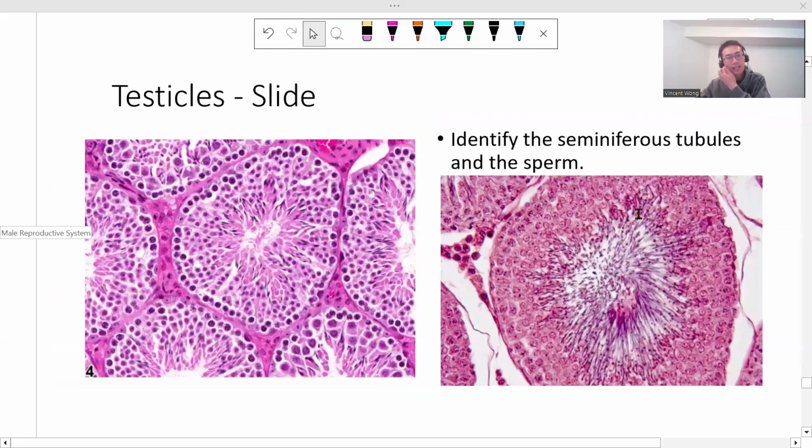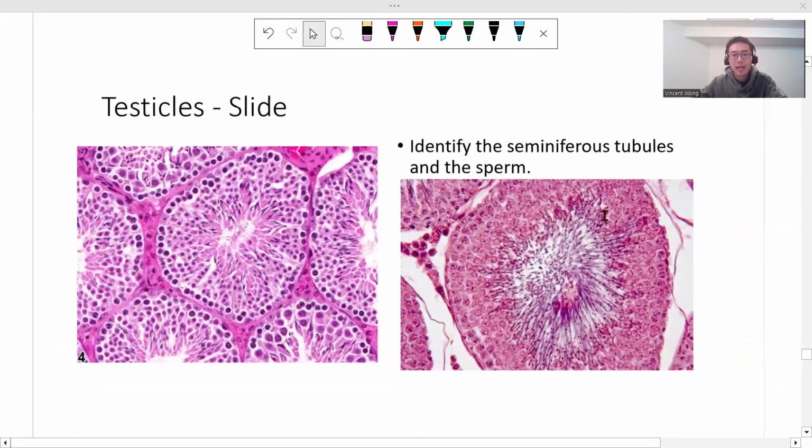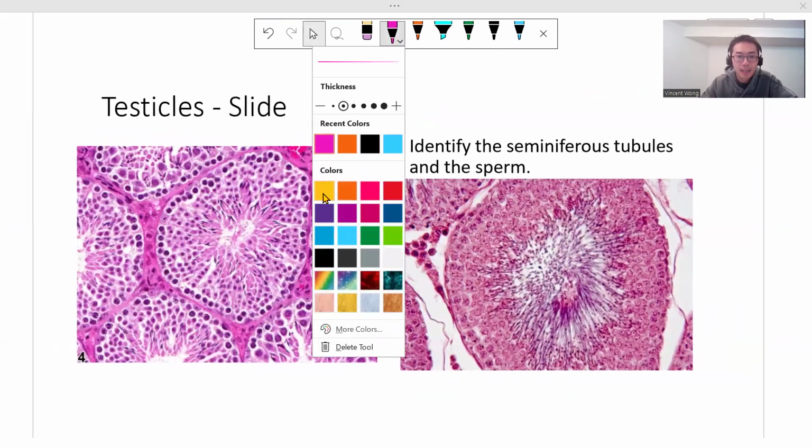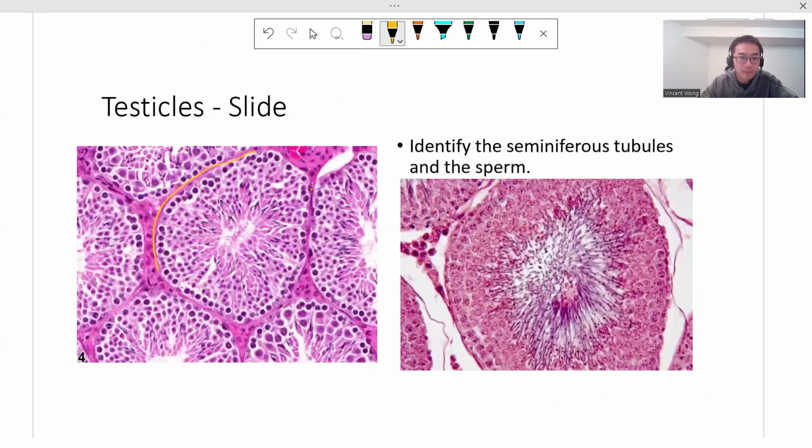Okay, this is a testicle. And the seminiferous tubules is actually right here. That's one of them. Okay, that is another one. Remember, think of a swimming noodle, those floating long styrofoam noodle things that kids take to swimming.